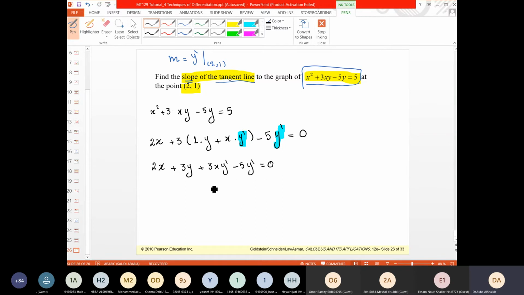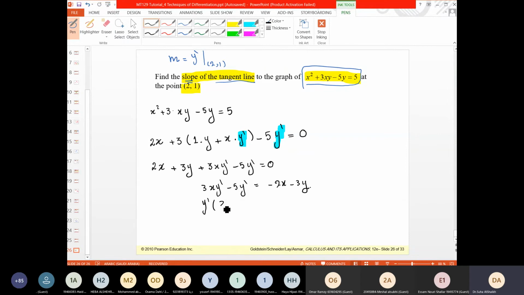We collect the terms with y dash here. This is 3xy dash minus 5y dash equal to minus 2x minus 3y. You can see what I did: the terms with y dash I kept on the left, and the ones without y dash I moved to the right. Now I take y dash as a common factor.